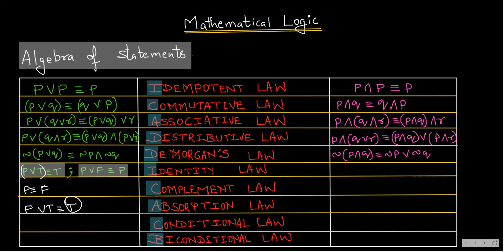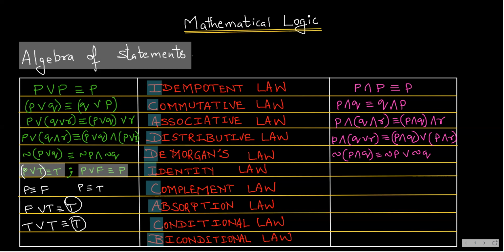Next, now take P as true. If P is true, what will the left hand side become? It will become true or true. And what is true or true? Again true.